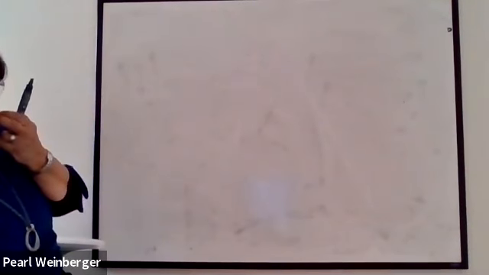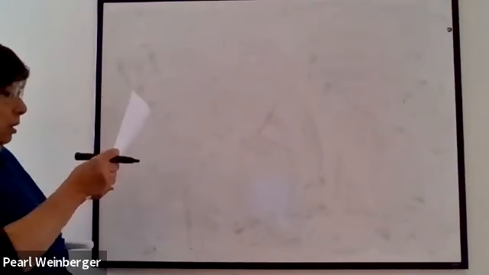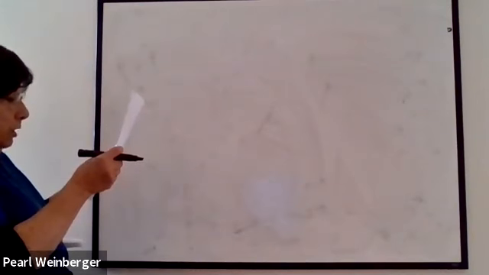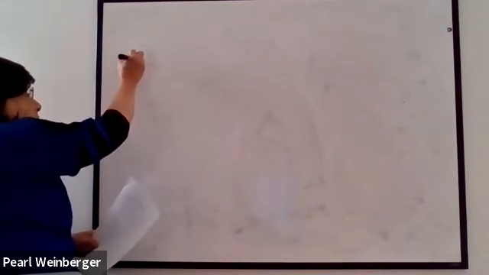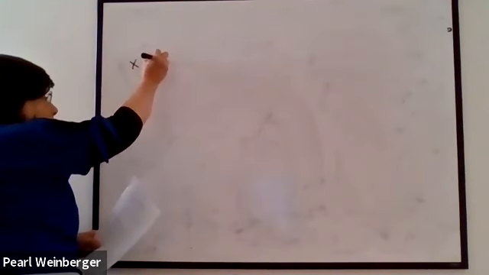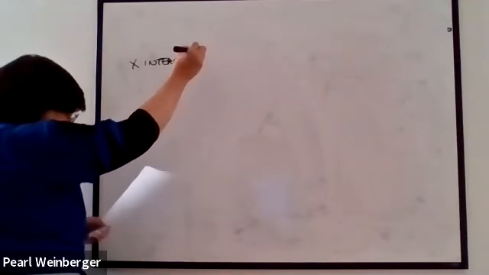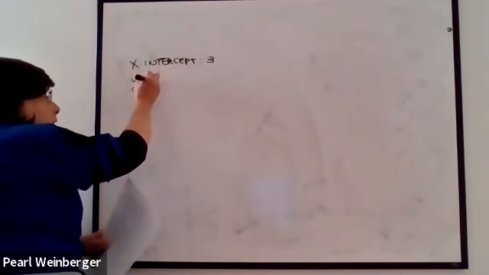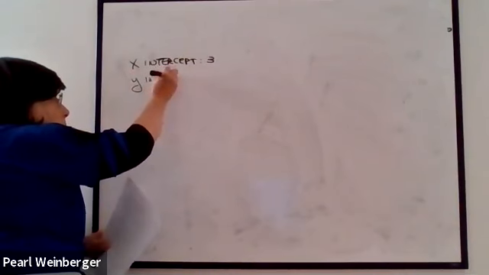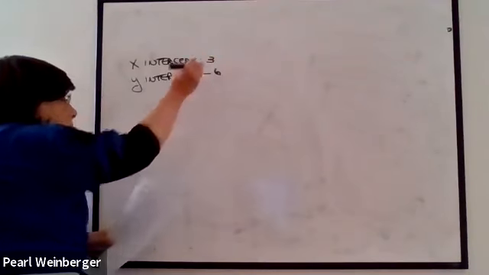Okay. There is a question here that looks like this. Write the equation of a line that has an x-intercept of 3 and a y-intercept of -6.